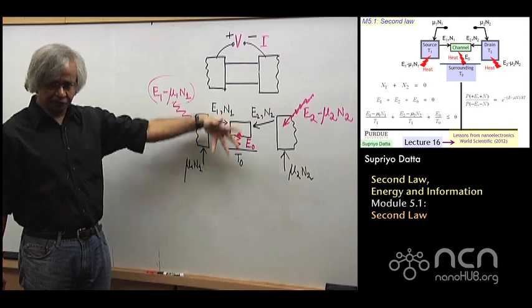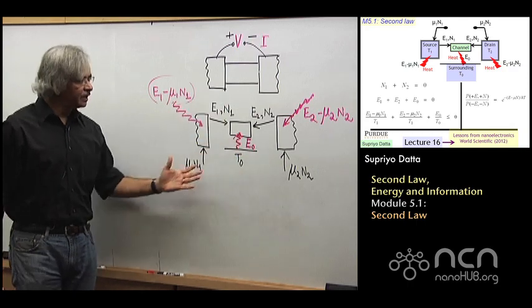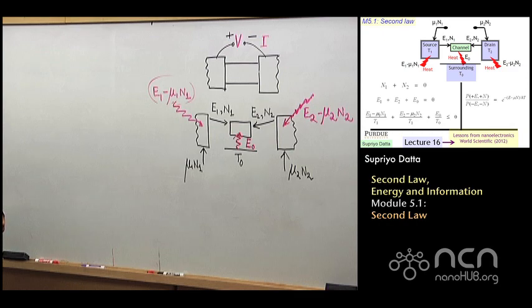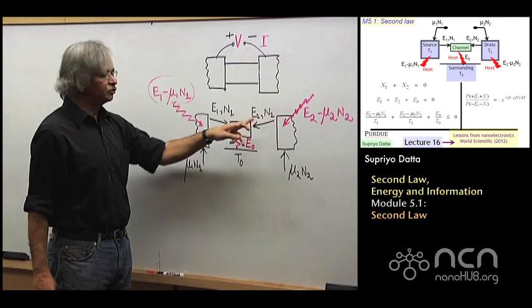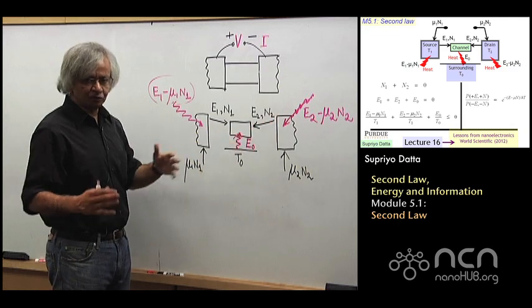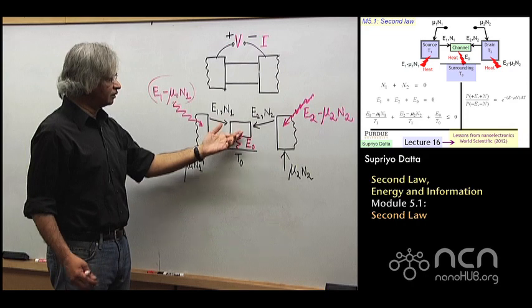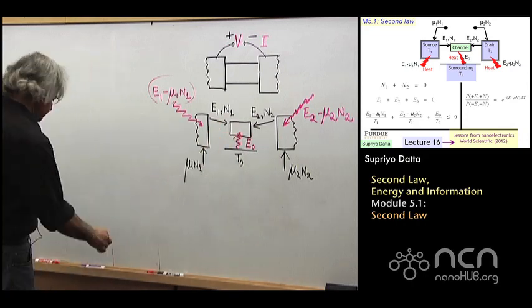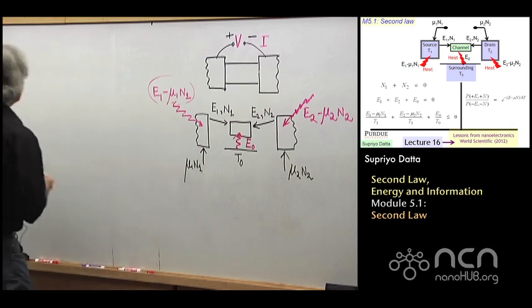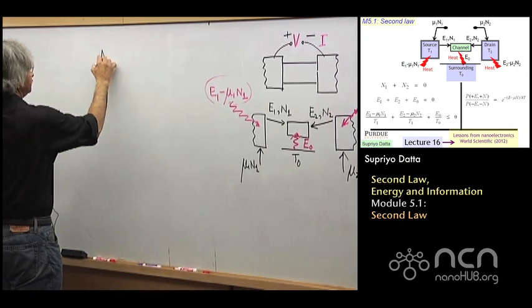Again, it could be negative, so it could be given out to the surroundings. And the basic rule you can see is, if you look at this channel, N1 comes in from here, N2 comes in from here. Of course, one of them must be negative because overall there can't be any net inflow. This is all steady state. So N1 plus N2 must be 0. So that's equation number 1.